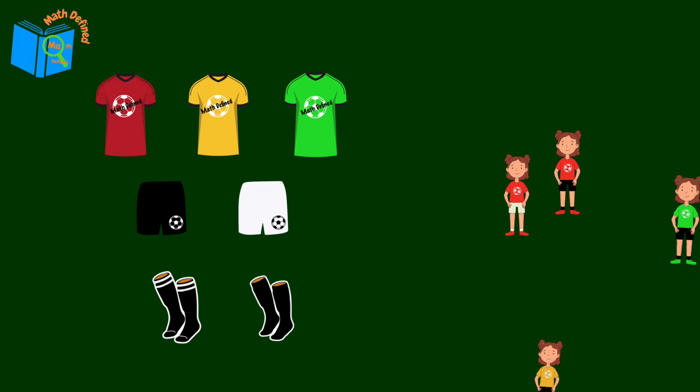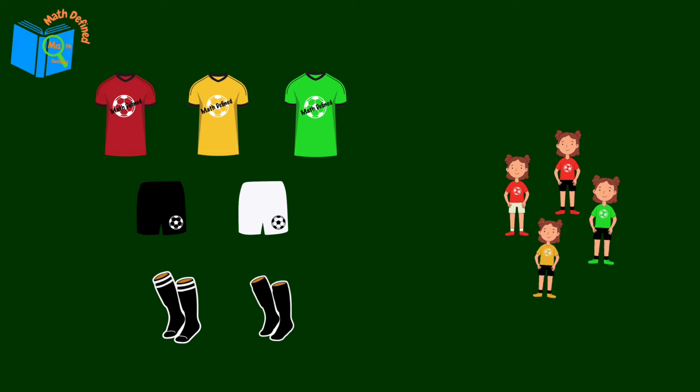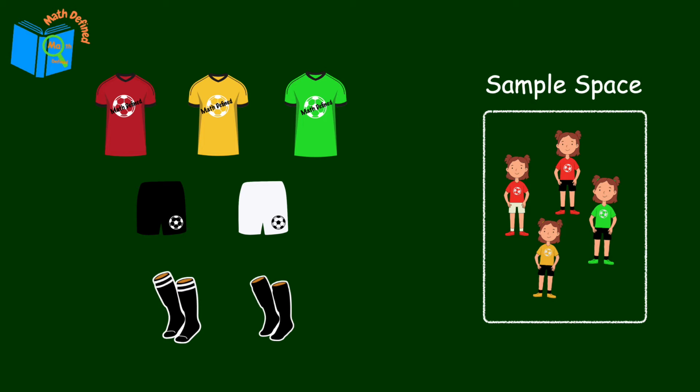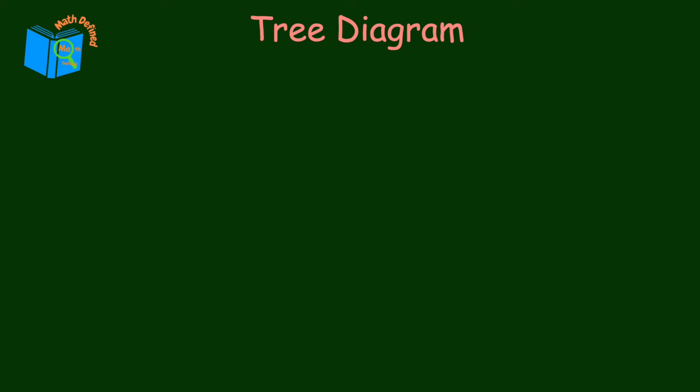For the shorts, you can choose black or white. And for the socks, you can choose striped or solid. How many different uniform combinations can you make using one shirt, one pair of shorts, and one pair of socks? The complete list of all these combinations is called the sample space. And to help us keep track of everything, we'll build a tree diagram.